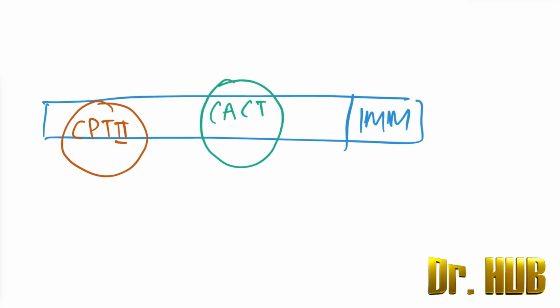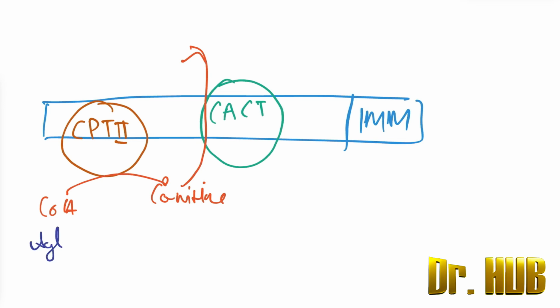Here we are seeing the CoA, which leads to the carnitine. After this, it again moves along the inner membrane. Next, there is also the presence of the acyl carnitine, which moves as the acyl CoA and undergoes the beta oxidation.